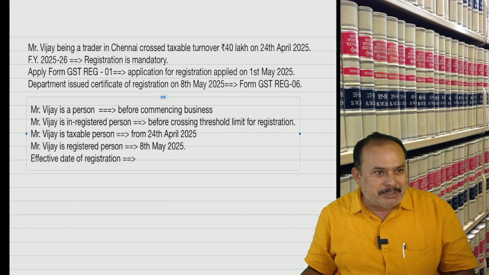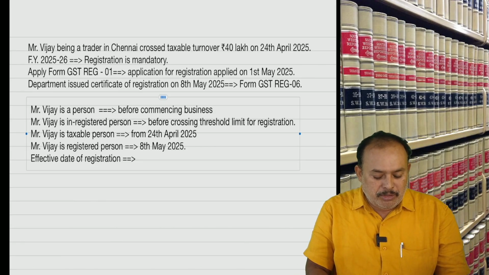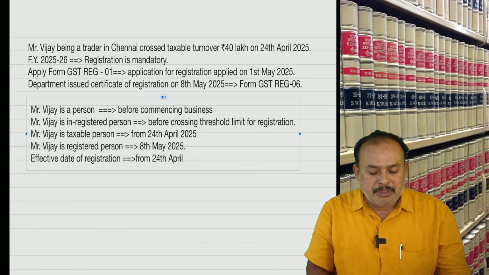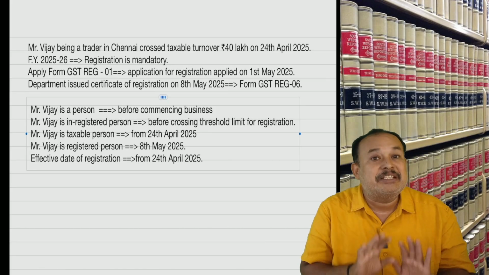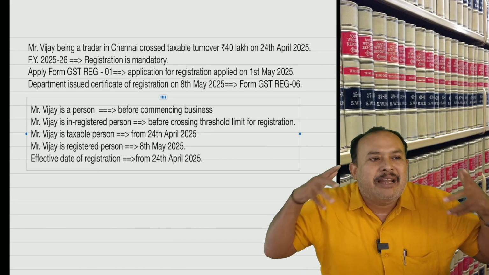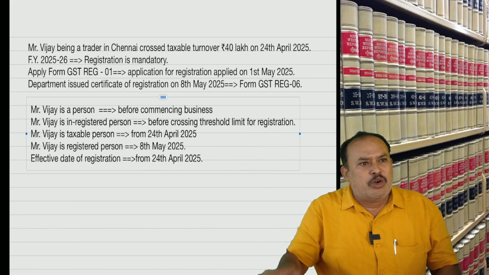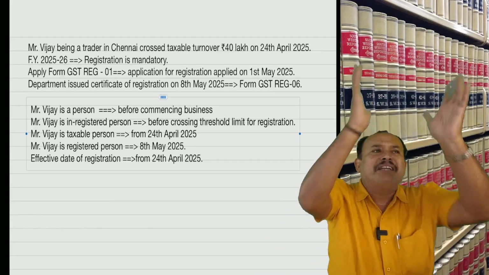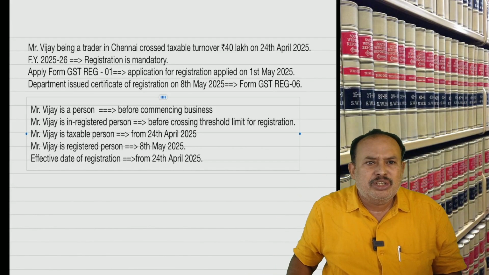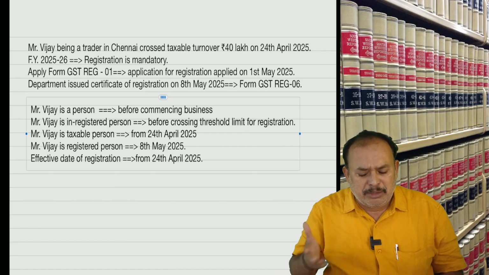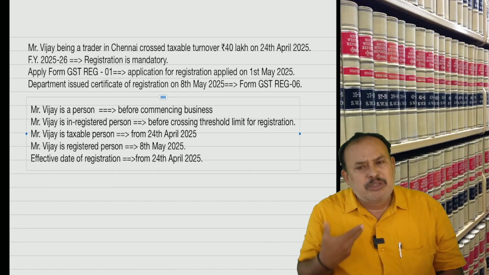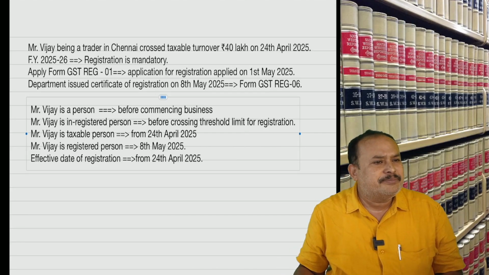You get my point, sir? So from 24th April 2025 is the effective date of registration. Correct? Is that clear? That means I am liable to pay GST from 24th itself. On 24th April I crossed the limit of 40 lakhs. I have to start to pay the GST. Is that clear?